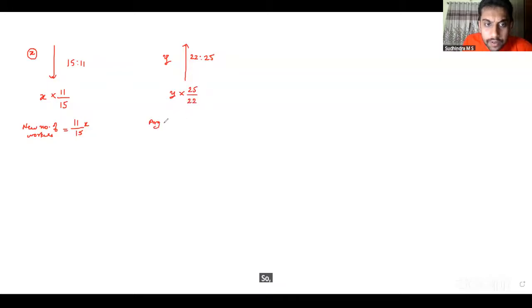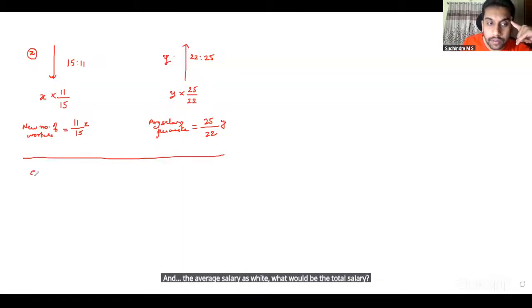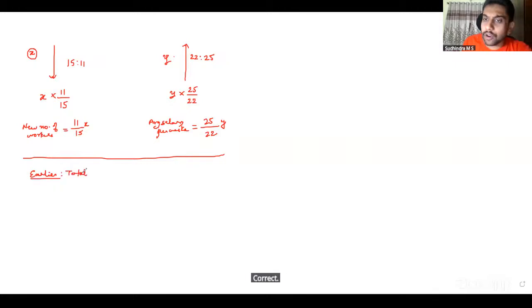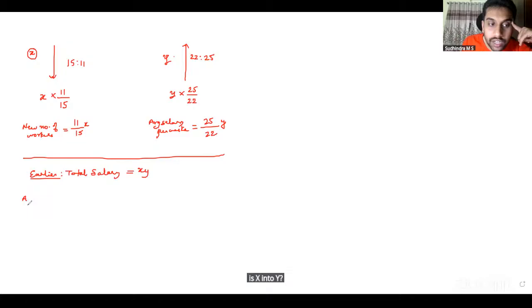So the average salary per worker will be 25 by 22 y. Why? Earlier, if I consider the number of workers as X and the average salary as Y, what would be the total salary? Number of workers into average salary, which is X into Y. So the total salary is X into Y. After the change, what is the total salary?